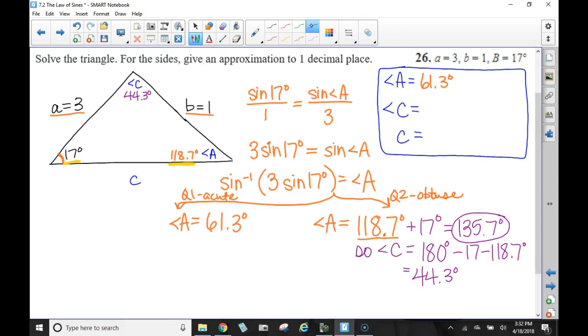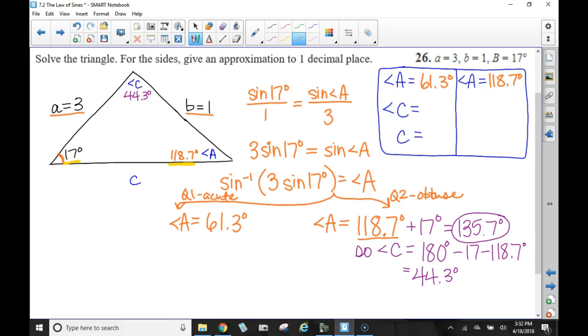So what I'm going to be doing is subdividing my answer box here because I have a second triangle. Okay, we're going to focus on this one first. We have another possible angle A that has a measure of 118.7.